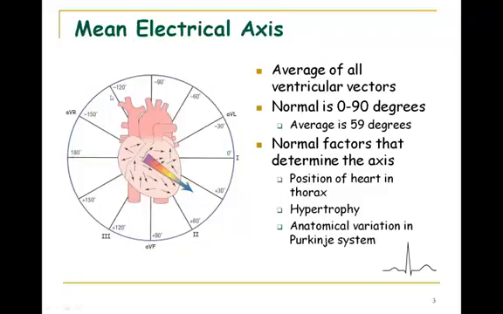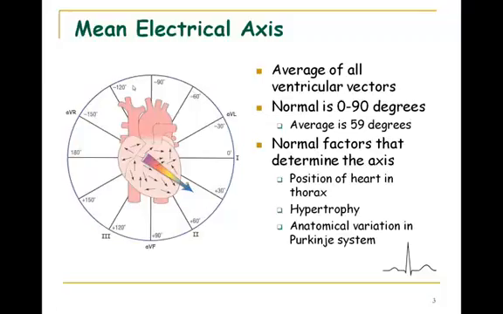These ones up here, if it's minus or greater than minus 90, over in this area here, they consider it to be no man's land. They call it extreme right axis deviation.